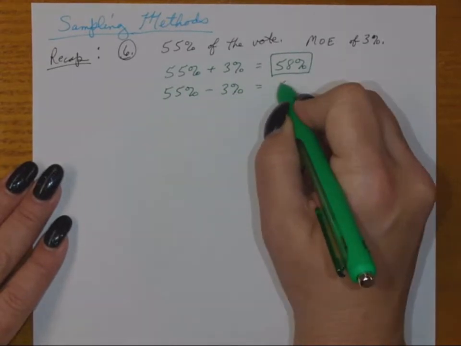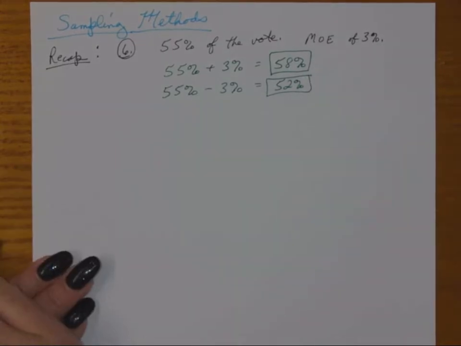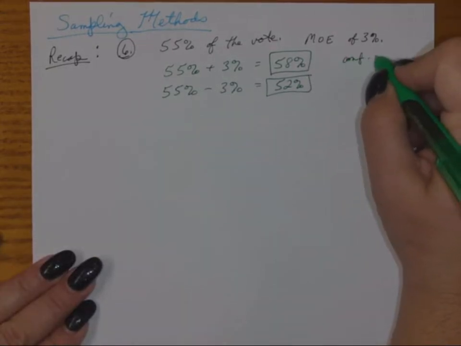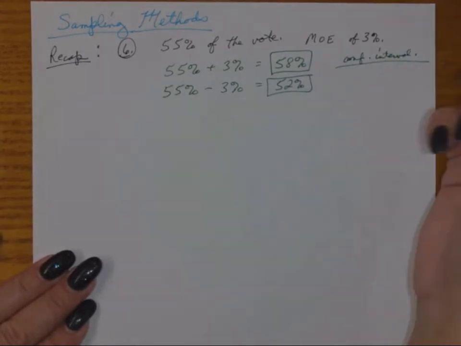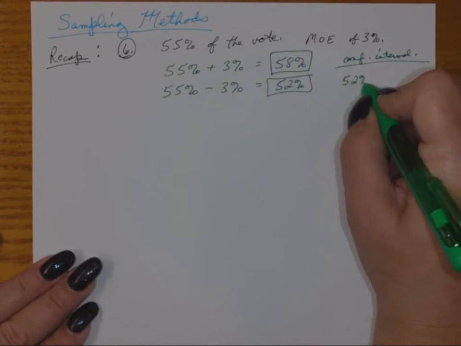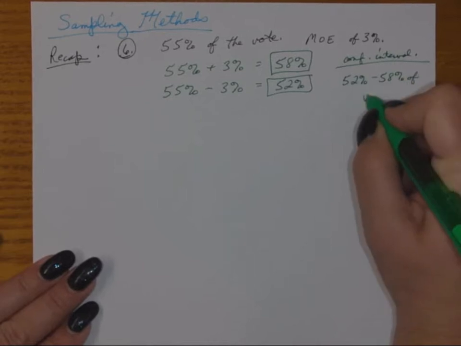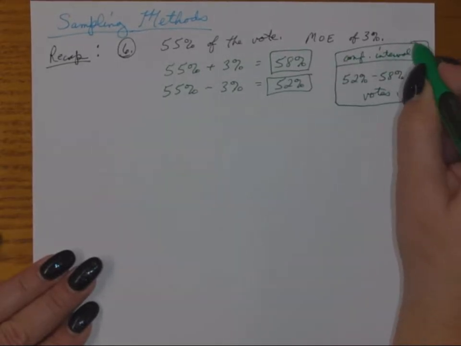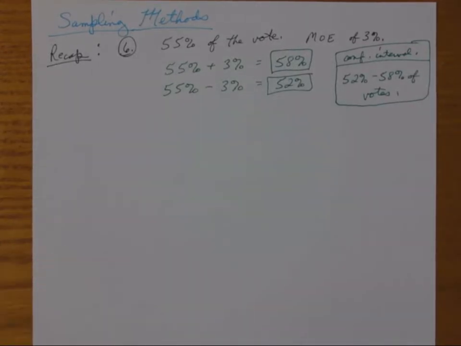So the fewest votes we would expect for that candidate would be around 52%. So our confidence interval, or the range where we expect the actual election to fall, is 52 to 58% of the votes for this particular candidate. That's what we would expect to see based off of the poll that was done and the margin of error that the company gave us.